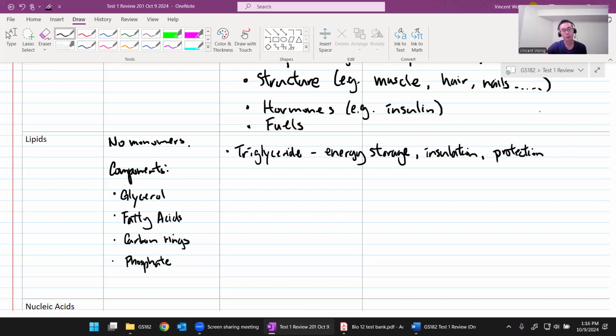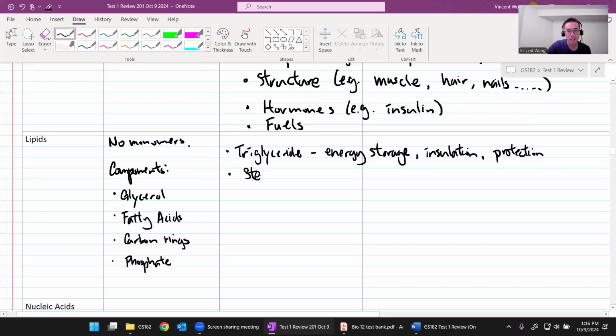When you are fasting, like long-term fasting I'm talking about, your body will burn the triglyceride for energy. We learned that the triglyceride can be broken down and fed into the Krebs cycle, for example, or the pyruvate oxidation, and be used to generate ATP.